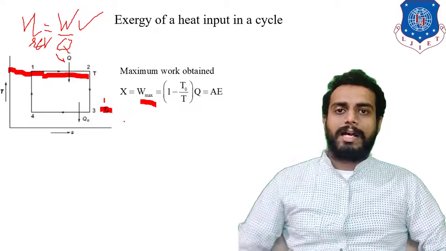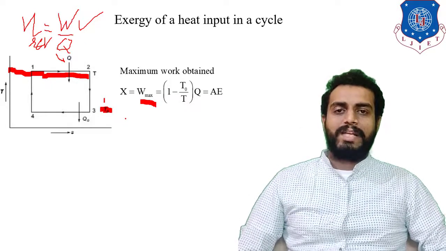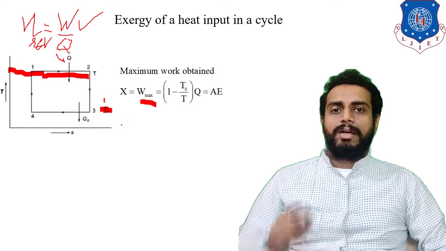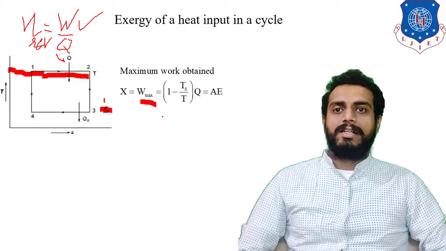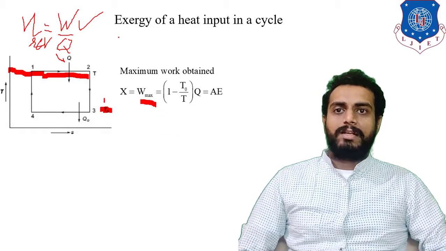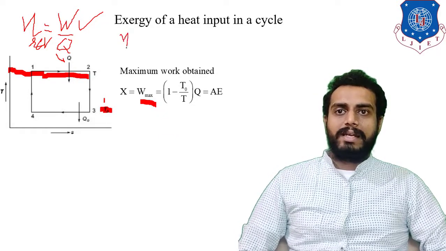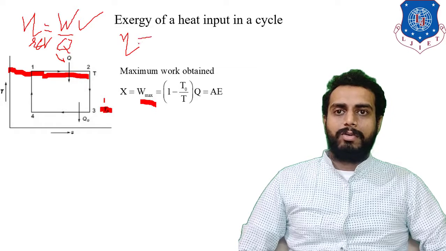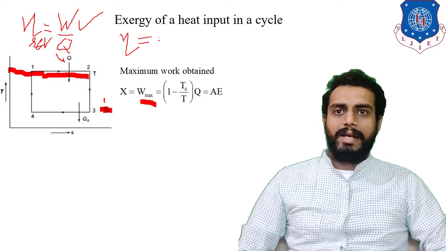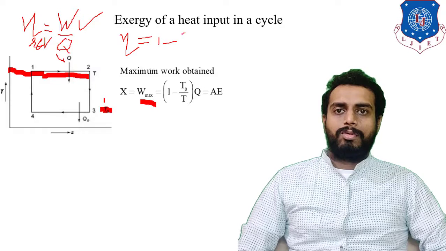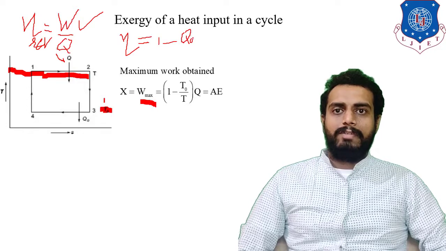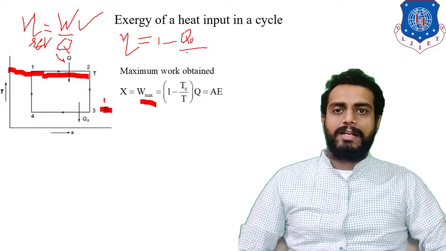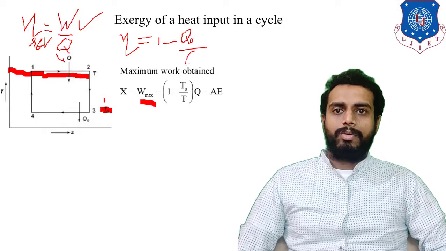If you recall our Carnot cycle discussion, efficiency is generally written like this. For a normal cycle, it is written as eta is equal to 1 minus heat rejected divided by heat supplied. Heat rejected over here is Q0, and heat supplied is equal to Q.